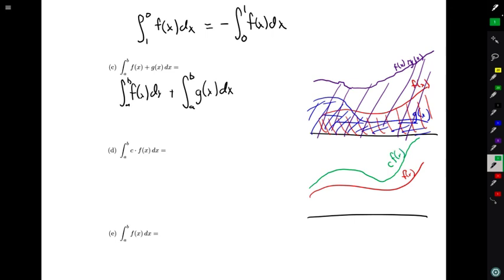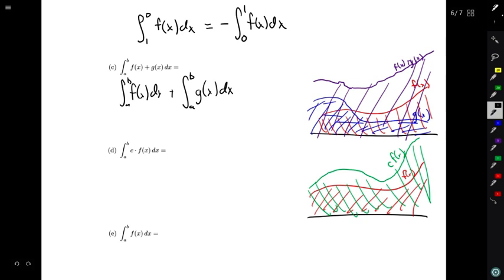since we've scaled all of my y values by a factor of c, it should certainly make sense that we've taken this red area here and increased it by a factor of c in order to get this green area.